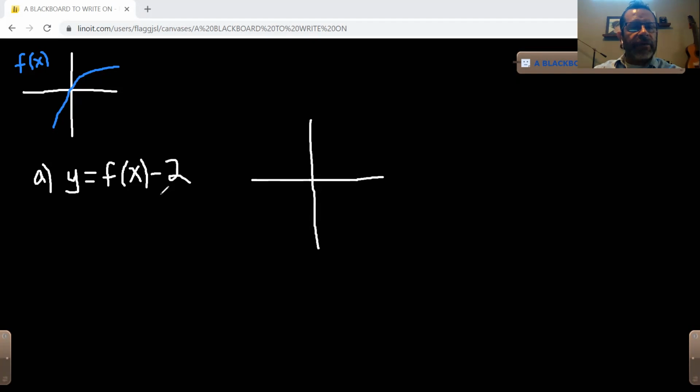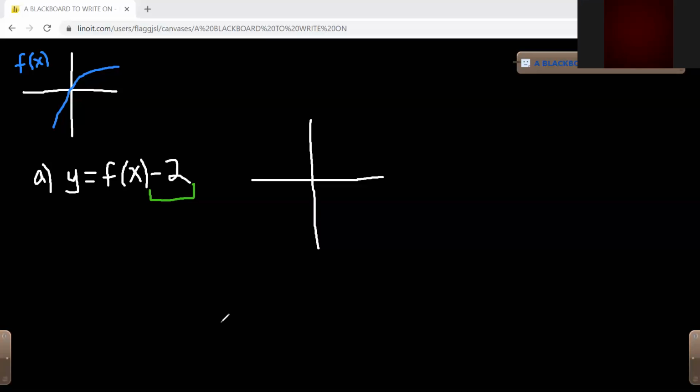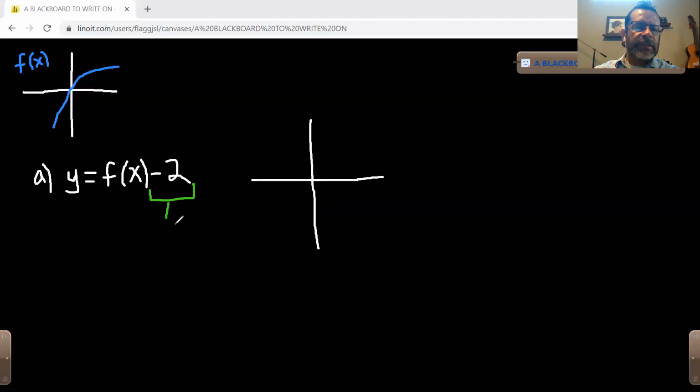What we've got here is the original graph and then a minus 2. What is the minus 2 going to generate in the graph? Go down 2 spaces. Perfect, correct. So this is going to be a shift downwards.